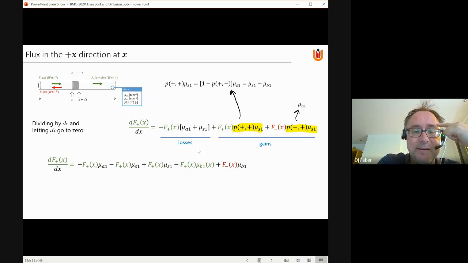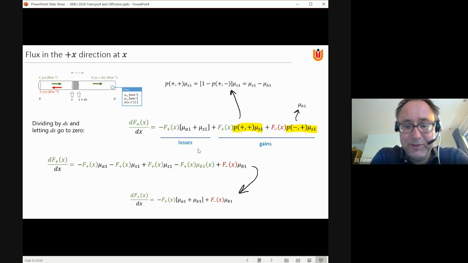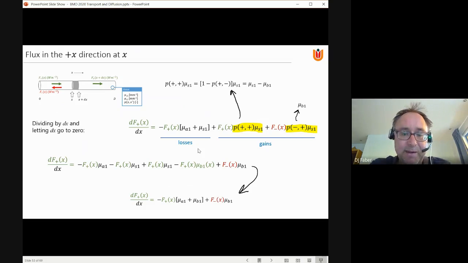Well, as you can see, the second and the third term are the same apart from the sign. So these two cancel. So we can simplify this as the equation that is now on the slide. Change in flux in the positive direction is given by the flux times the coefficients as a loss term plus, it's not so strict loss and gains anymore now, a term that depends on the flux that was originally going in the negative direction.